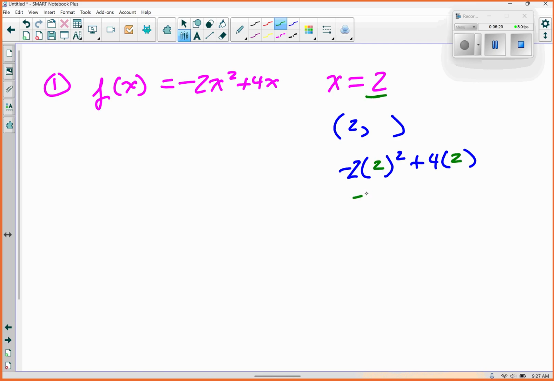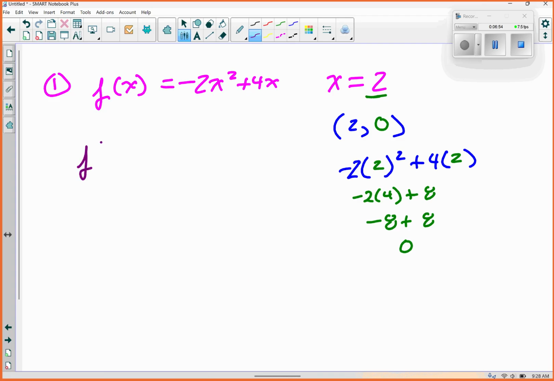That's going to give me -2 times 4 plus 8, so -8 plus 8, which gives me 0. So my y value is 0. At 2, 0 on our graph is where our linear equation will touch our original function if it was graphed.